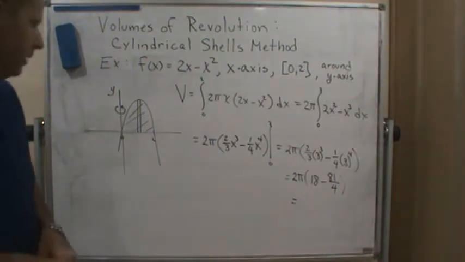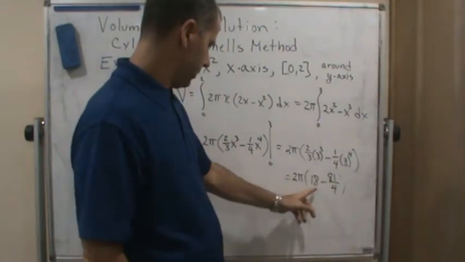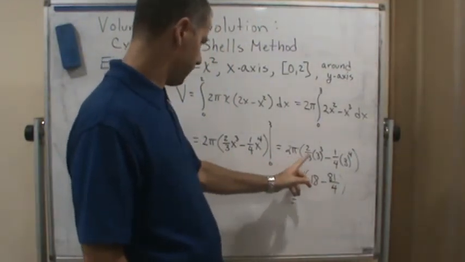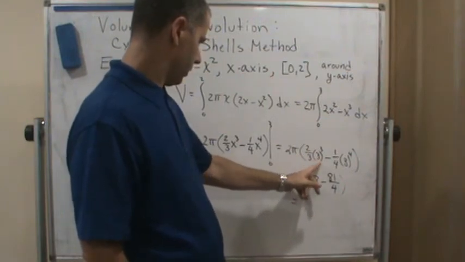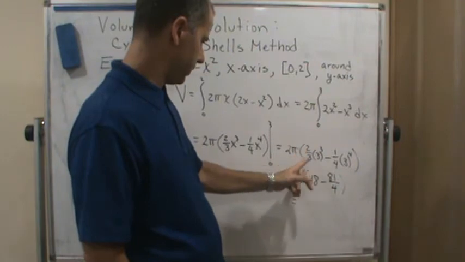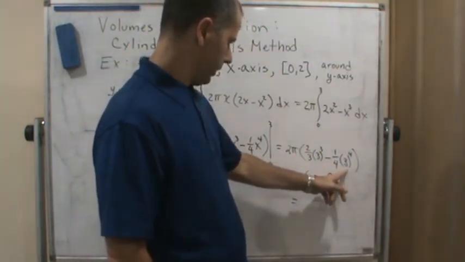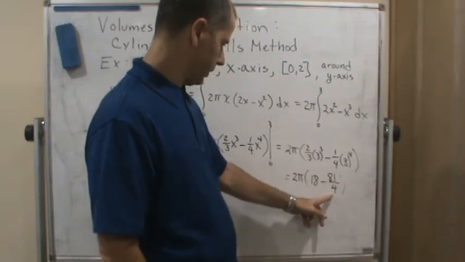Yeah, that's right. So let me see here. Just want to make sure. So I got 2 pi. So that's going to be 27 divided by 3, which is 9. 9 times 2 is 18. And then this is going to be 81 over 4. Right?